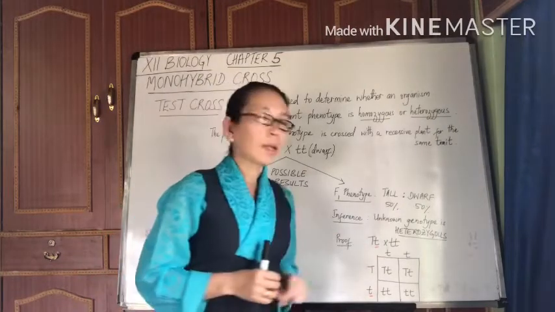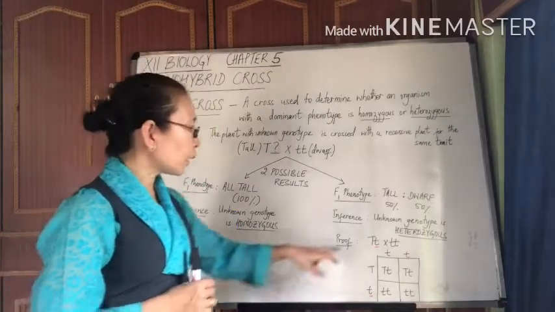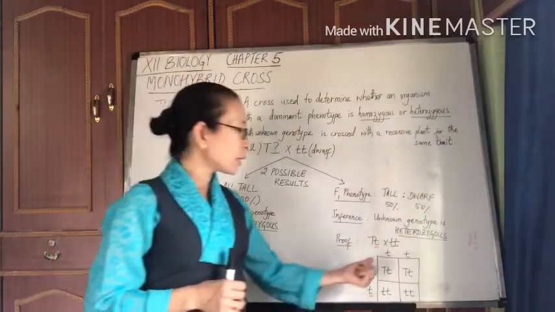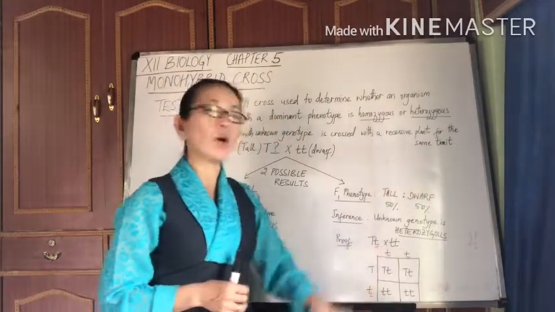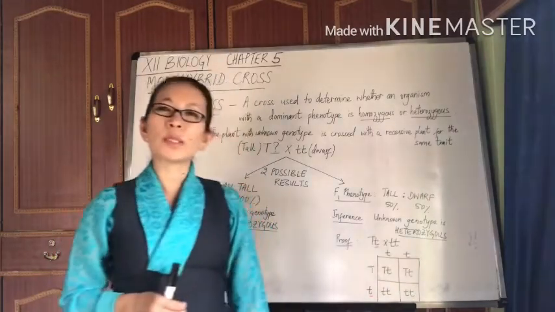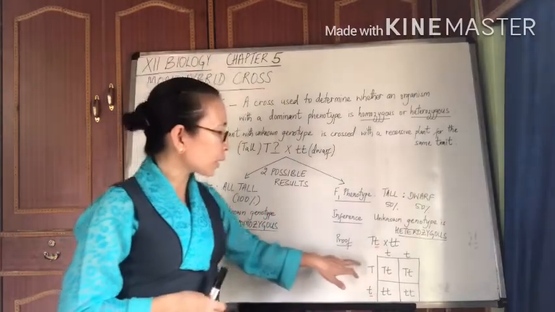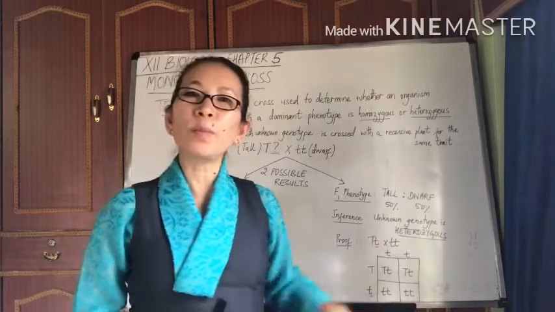Mendel again proved this by working out the cross using a Punnett square. Here the tall genotype is taken as capital T small t, a heterozygous genotype, and the genotype of the dwarf plant is small t small t. So we have two small t's as the possible gametes from the dwarf plant, and capital T and small t as the two possible gametes from the tall plant.